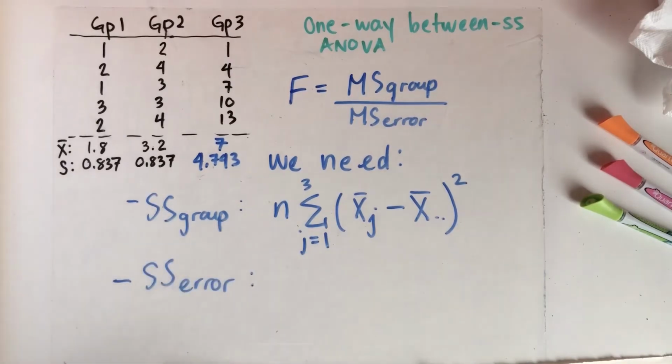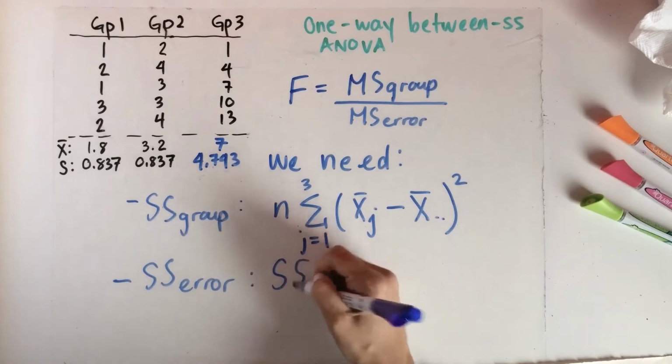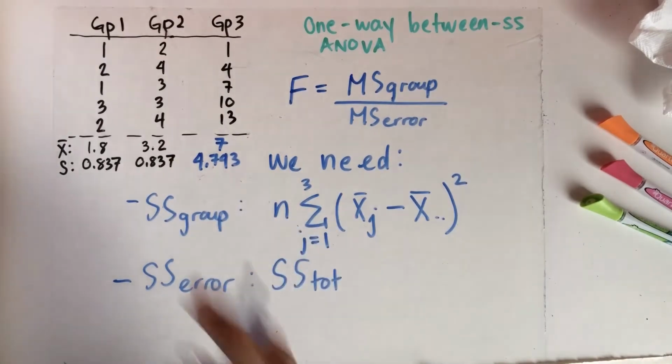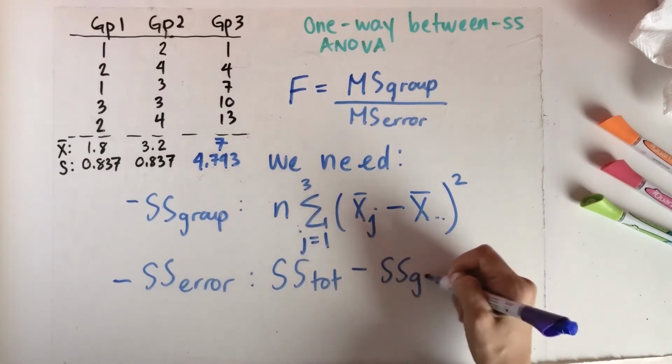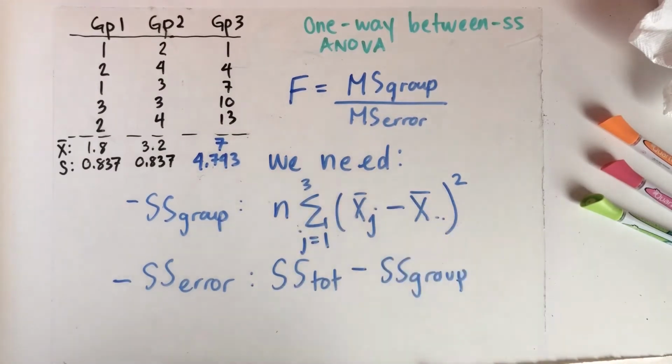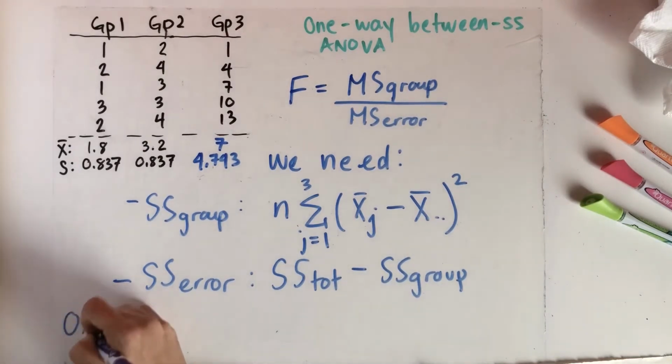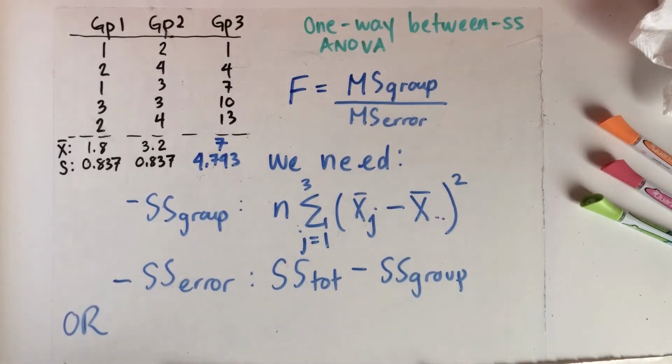That's the other quantity that we need. Now, there's a couple of ways that we can do SS error. The first one is we could obtain the total sum of squares for this data and subtract off the sum of squares group after we compute that. So that's one common way of doing that. Or there's a direct formula as well that might help us conceptually understand what SS error means.